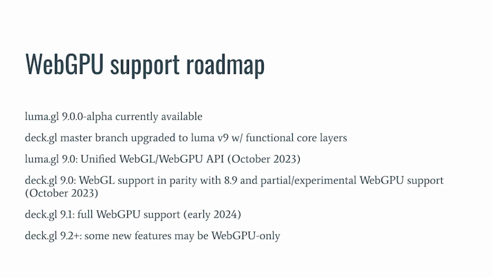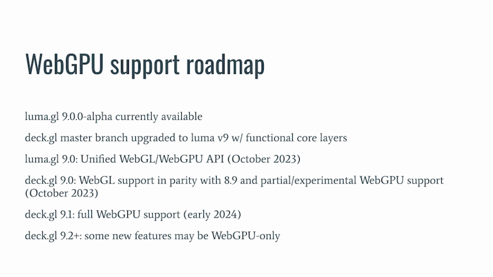Our current plan for WebGPU support: Luma 9.0 alpha is currently available. It's still under heavy development, so APIs are expected to change, and certain things are expected to not work. We are currently aiming for later this year to release the stable version of v9.0 for Luma. DeckGL master branch is already upgraded to v9 to use the device API.